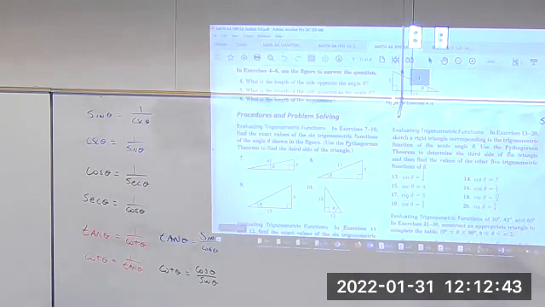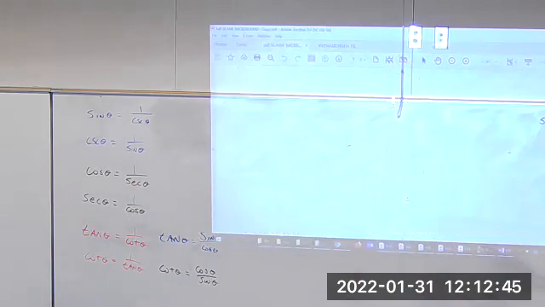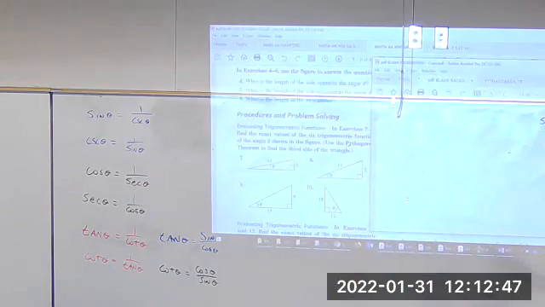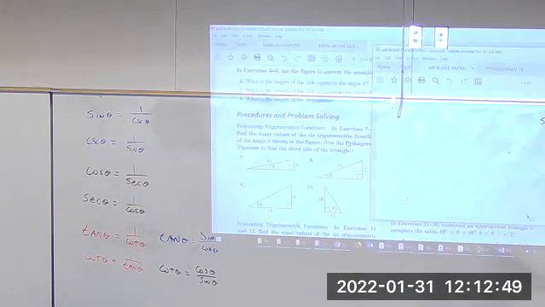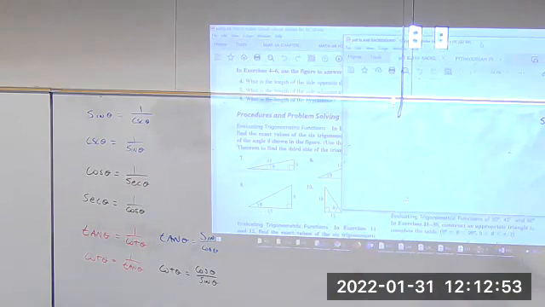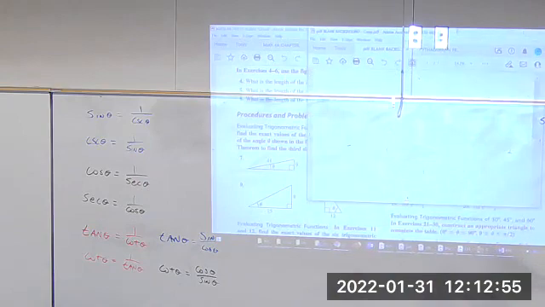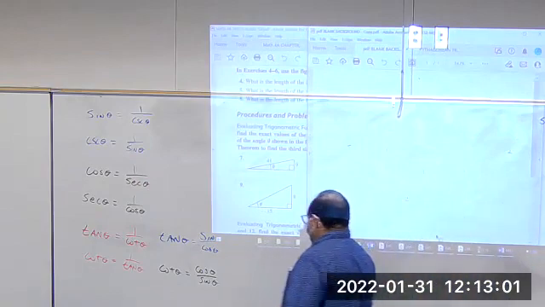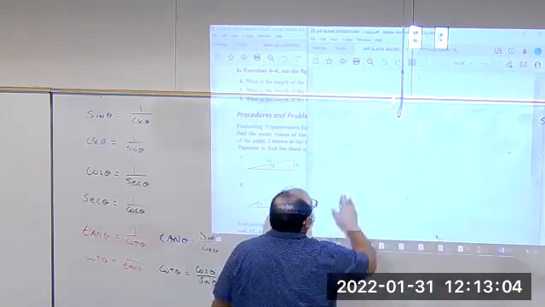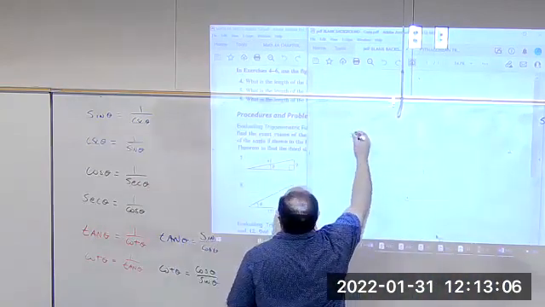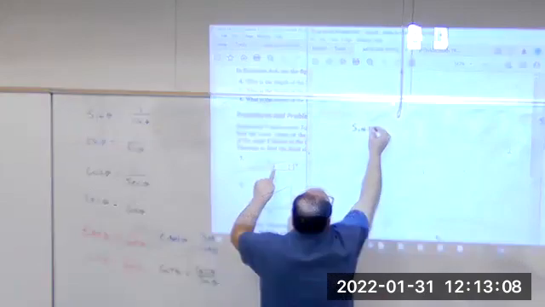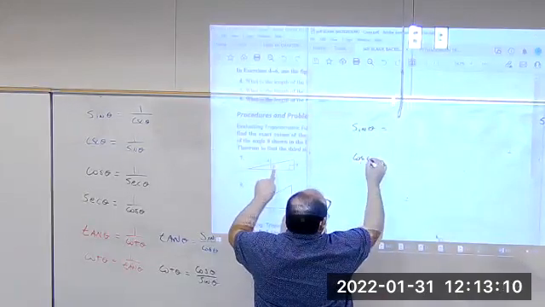So this is what it would look like on a test or quiz. I don't take for granted that students will do what they're supposed to do, so I always make sure in a problem like this to list over here so you can put your answers. What's the sine of theta? What's the cosine of theta?